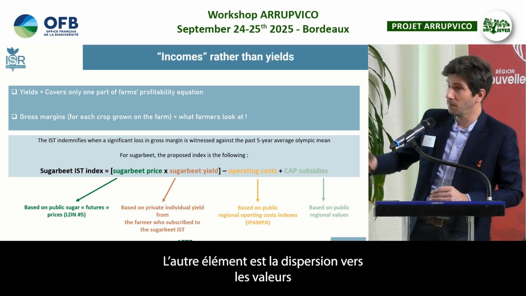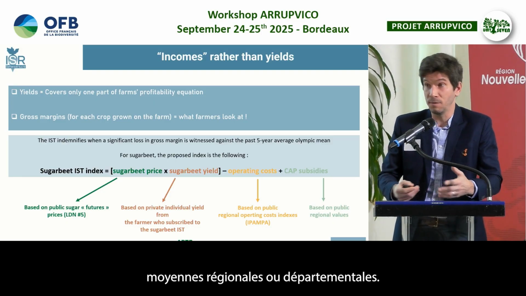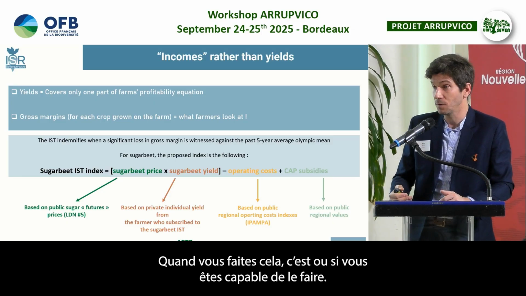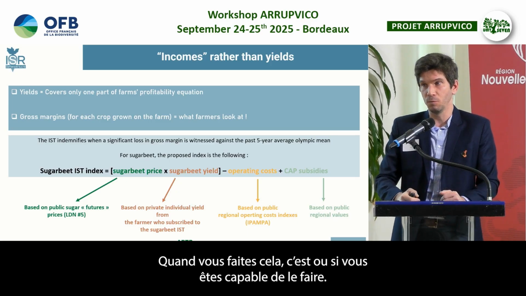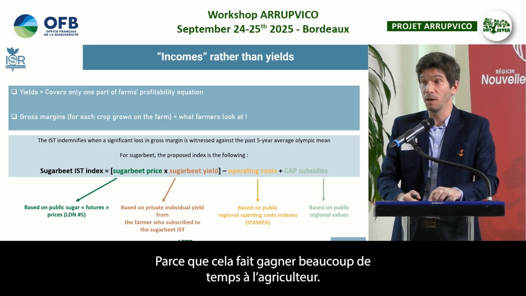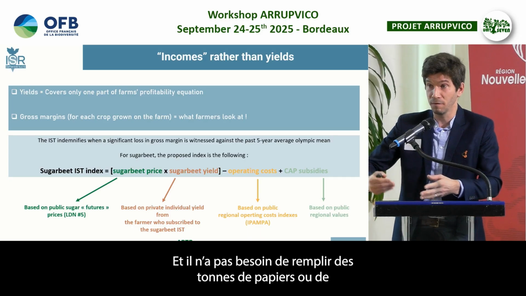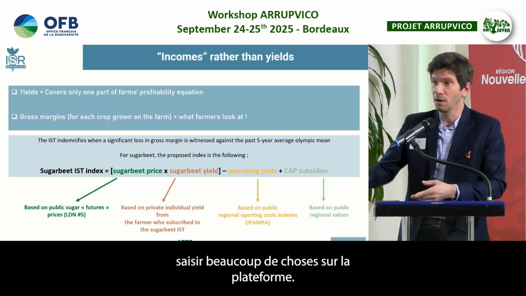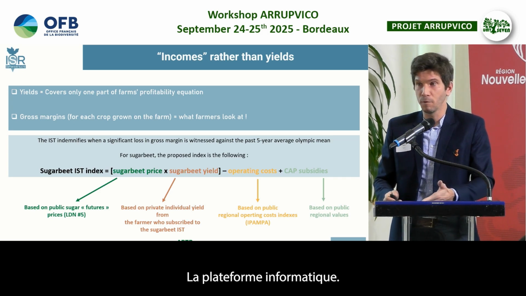The other element is the dispersion towards mean regional or department level values. If you're able to do that, it is very interesting because it saves a lot of time for the farmer, and he doesn't need to fill in tons of papers or key in a lot of things in the informatic platform.